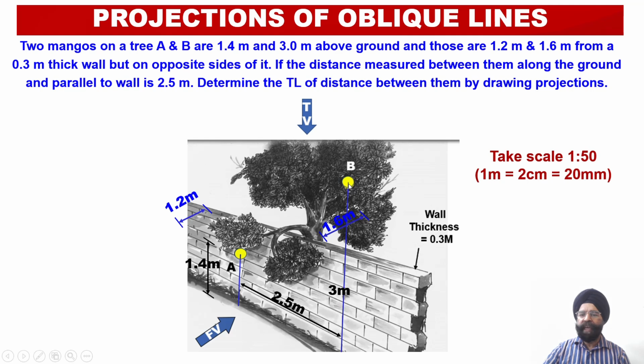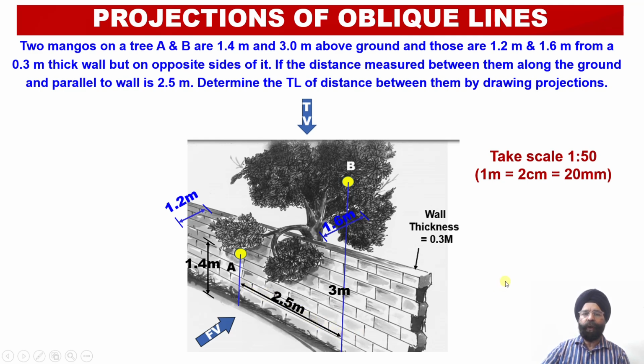Now for mango B, or object B, the height of B is 3 meters above the ground and it is 1.6 meters on the other side of the wall. That is, it is lying 1.6 meters behind the wall. So these distances of 1.2 meter, 0.3 meter and 1.6 meter we will be able to observe in the top view projections, and this distance of 2.5 meters we will be able to visualize in the front view projections.